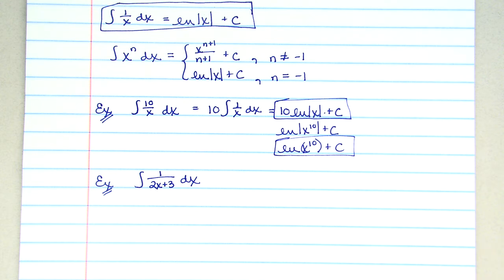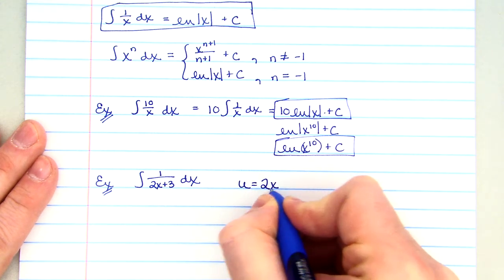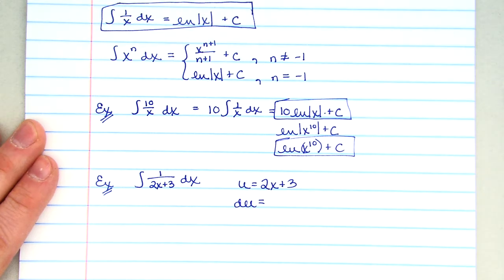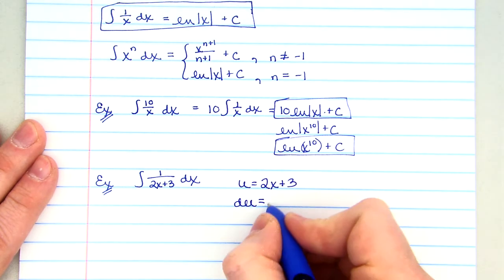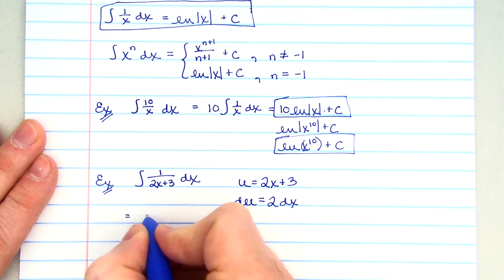If we try U substitution here, what could we try making U? So you mean the entire denominator? Okay, let's try it. If we say U is the entire denominator, 2x plus 3, du then would be 2 dx, which I feel like I can make work. We've got the integral.